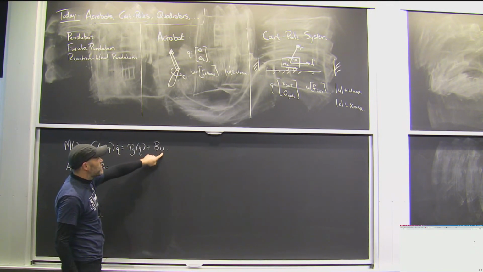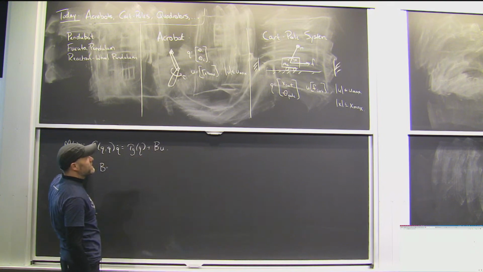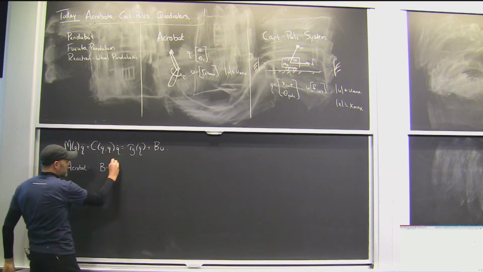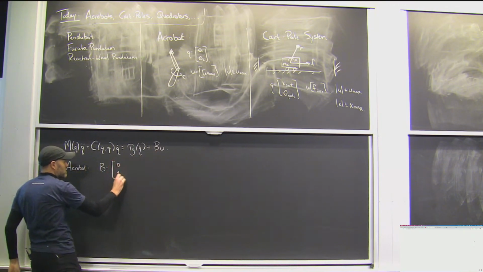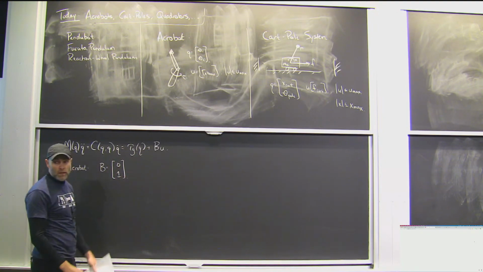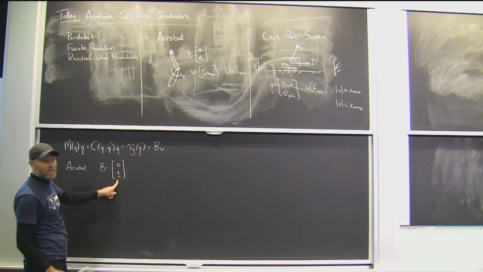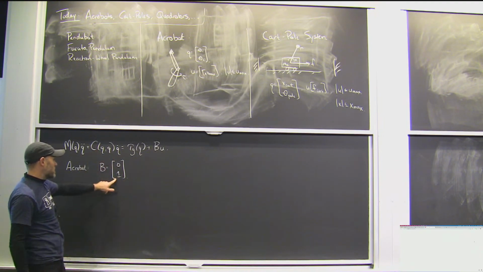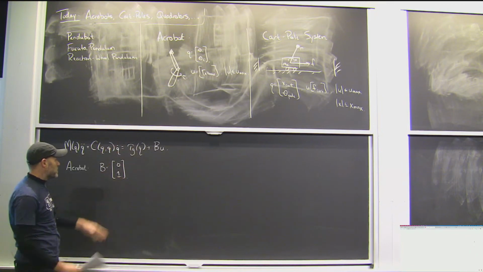So U is a scalar, and Q is 2 dimensions. So B is going to have to be a 2x1 matrix. And it's really as simple as being the 0, 1 matrix here. If you had a transmission or something, you might put that in here as something other than 1, if you had a gearbox or something that was amplifying your actuator. But for our purposes, this is just 0, 1.